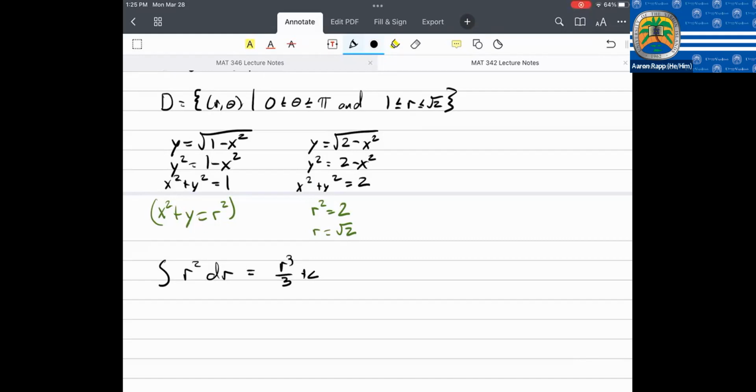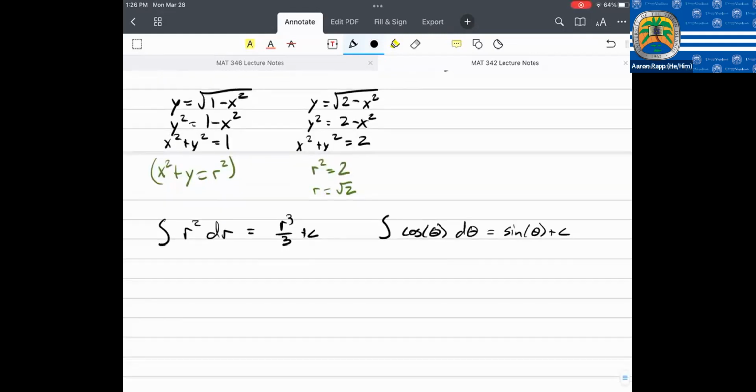But I just apply the power rule. What would be the antiderivative of cosine of theta with respect to theta? My integration rules don't change. All I have to do is change up my perspective. And one of the things that happens is when we change up our perspective, it can end up simplifying this integration. Let's just get a quick example integrating with respect to these different variables.